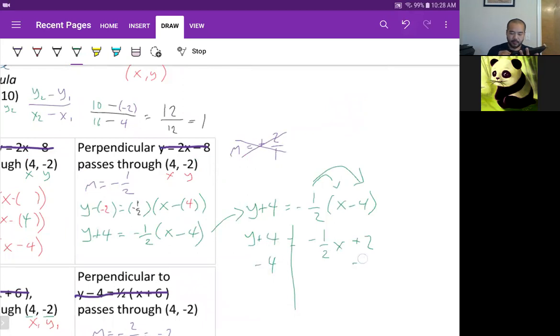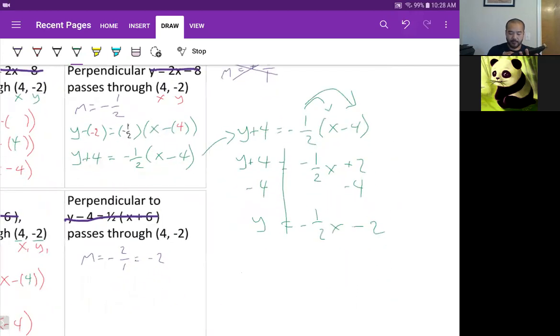Then minus 2, minus 2. You get y equals negative 1/2 x minus 2. The way you would write this into Canvas, you would do y equals minus 1/2 x minus 2. So this is how you would write this answer into Canvas.